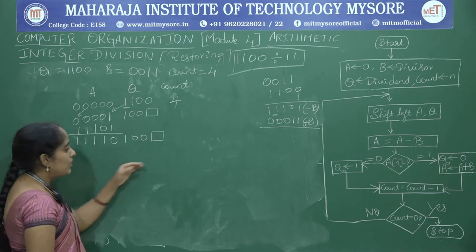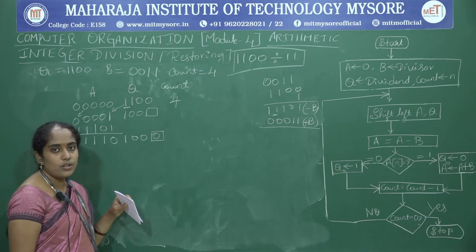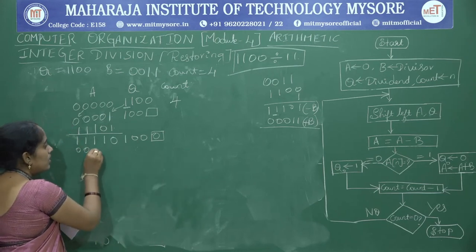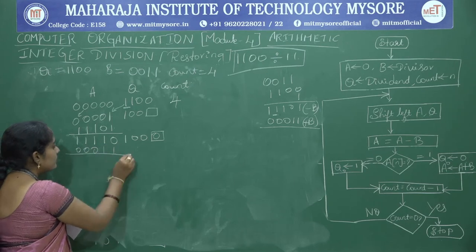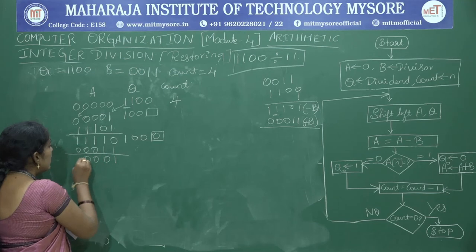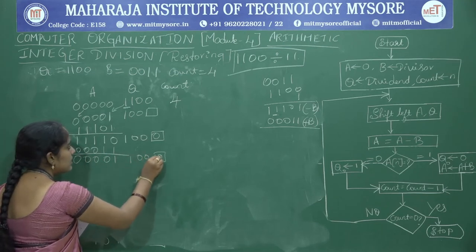So in that case you need to set Q0 value to 0. Then you need to restore the A value. So plus B is 0 0 0 1 1. Okay. So the answer is 1 0 0 0 0. So 0 0 0 0 is the answer.